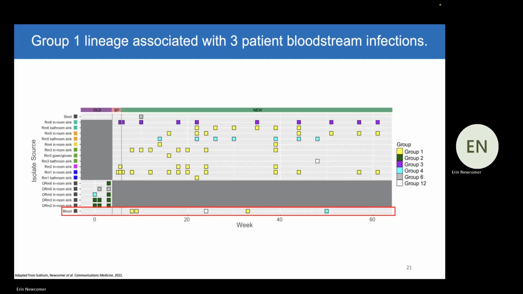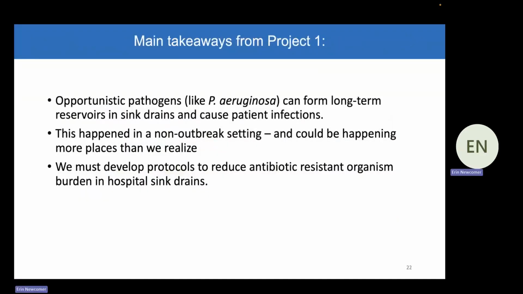themselves. Our main takeaways from this project are that opportunistic pathogens like Pseudomonas aeruginosa can form long-term reservoirs in sink drains, as we saw it colonized over the course of a year, and they can also cause patient infections, as we observed. Importantly, this is happening in non-outbreak settings.